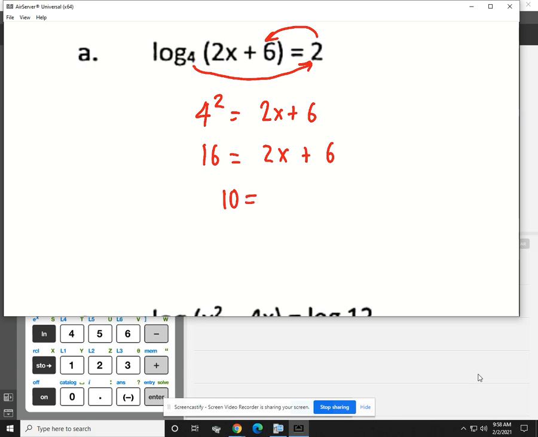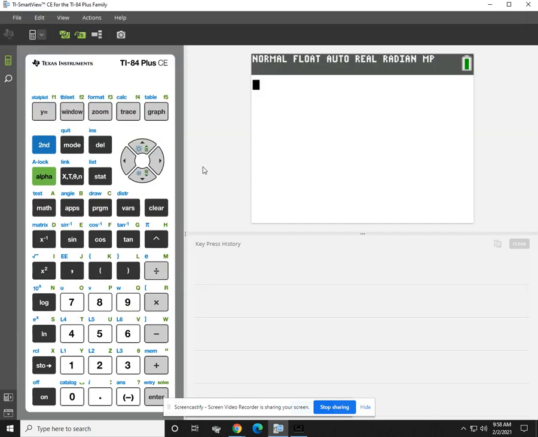So 10 equals 2x. And then what? Divide by 2. So x equals 5. How hard is that? Is that hard for anybody? Okay, so we're going to check it real quick in our calculator to make sure that it works.